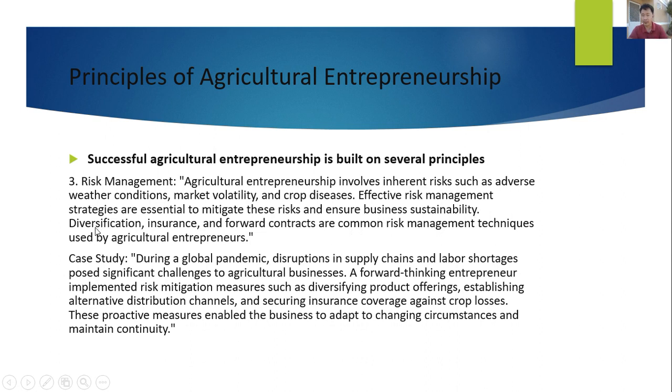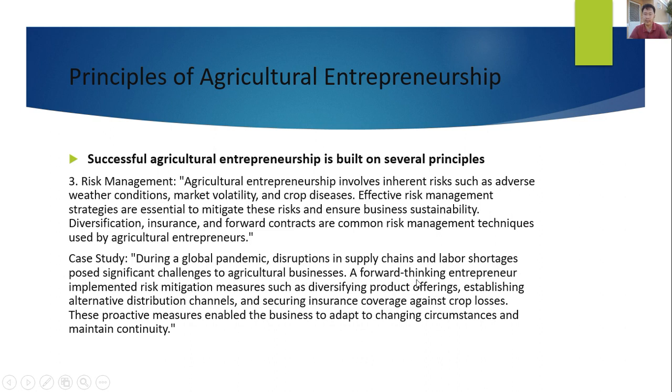So diversification, insurance, and forward contracts are common risk management techniques used by our agricultural entrepreneurs. So here's our case study. During a global pandemic, disruptions in supply chains and labor shortages posed significant challenges to agricultural businesses.